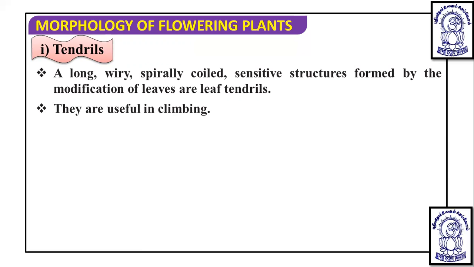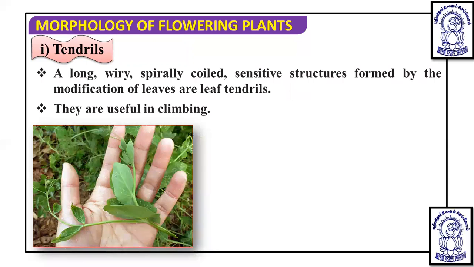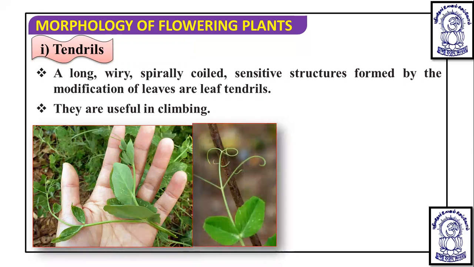Actually, this leaf tendril helps a particular plant to climb to a greater height by using the support of another plant and coiling over it. So it helps in climbing. And these tendrils are found like this in case of Pisum.